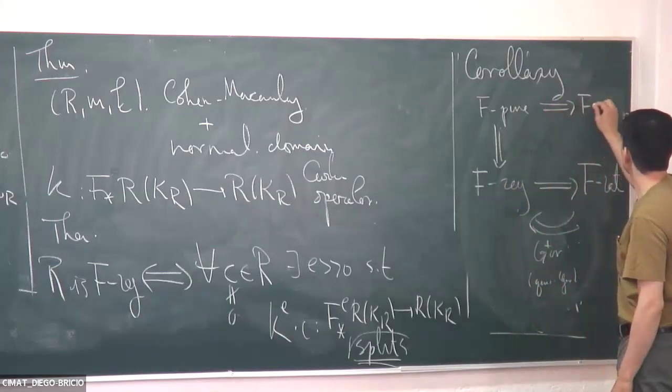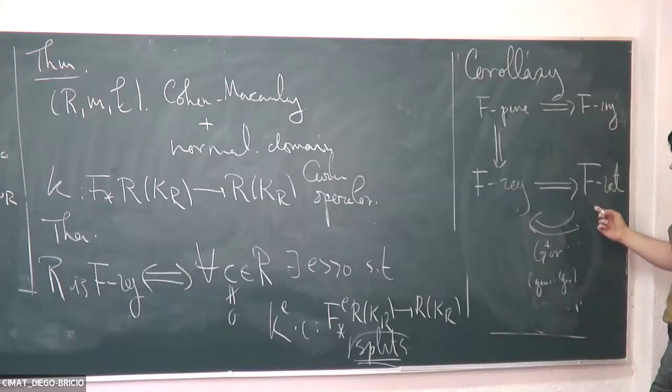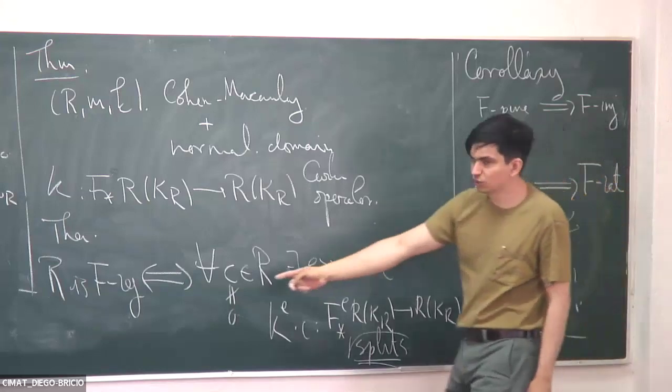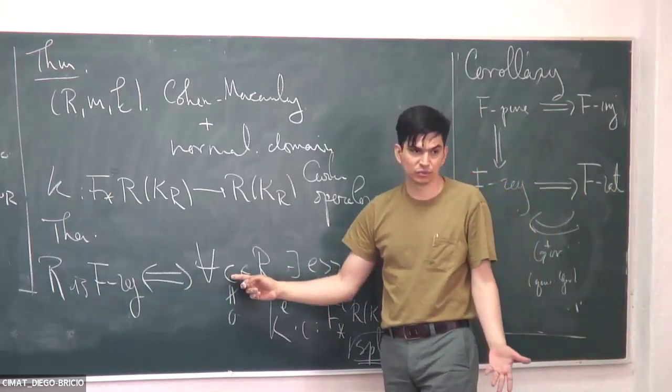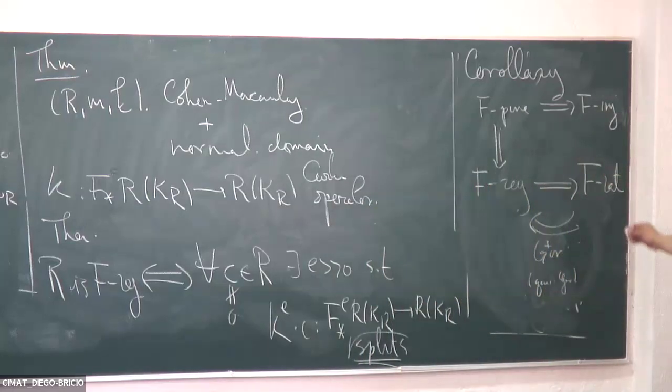This implies F-injective, right? And F-injective implies F-rational, because F-injectivity, if you think about it, is what F-rationality means, but for c equals 1. F-rational means that you have it for all c, while F-injective just means c equals 1. And so this implies that.